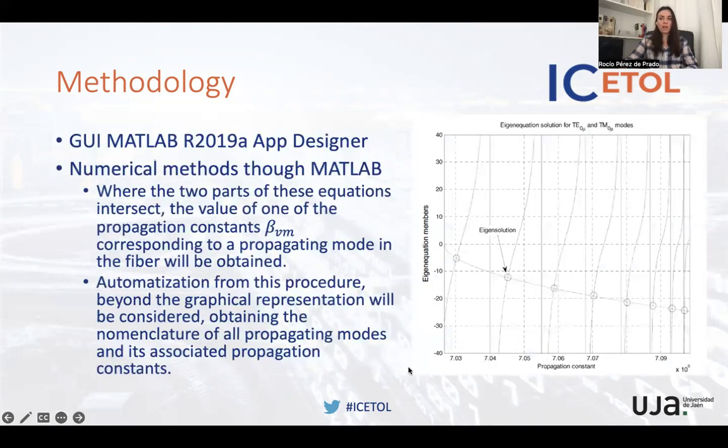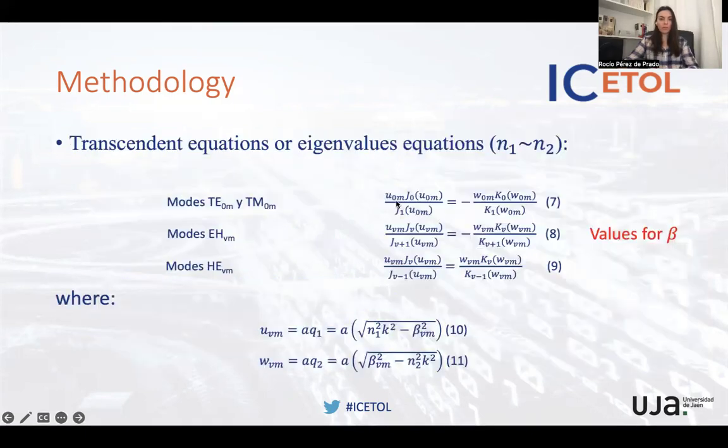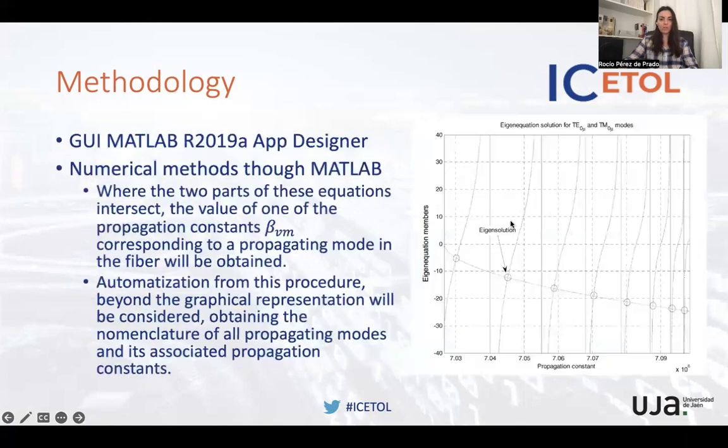Now basically what we have to do is apply numerical methods. If we take a look at this transcendental equation, we see that we have two terms, so we're not able to obtain the values of beta directly, analytically. We're going to solve it using numerical methods. What we're going to do is represent each part of the equation graphically.